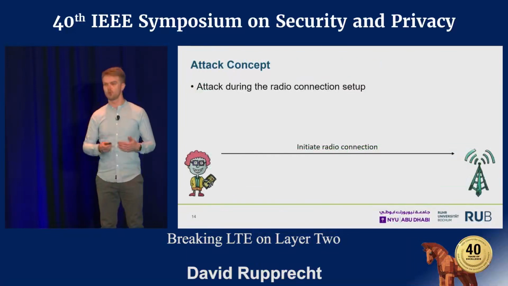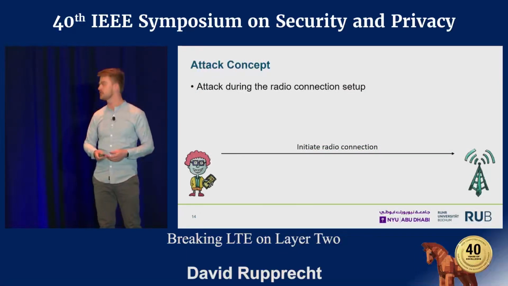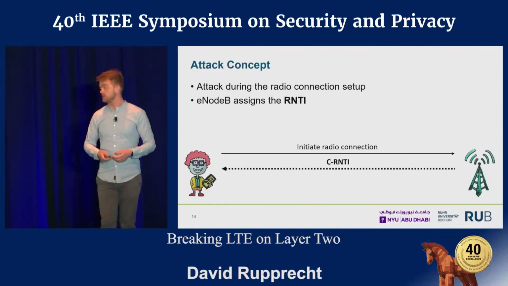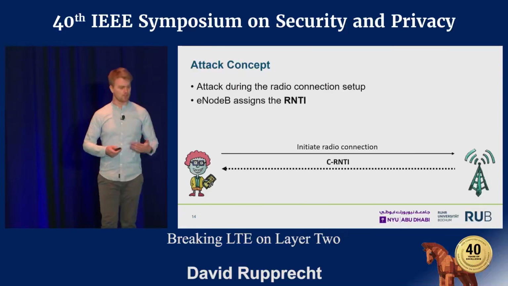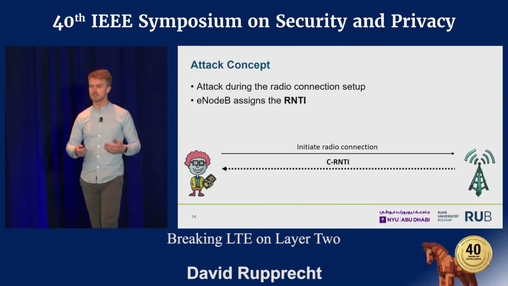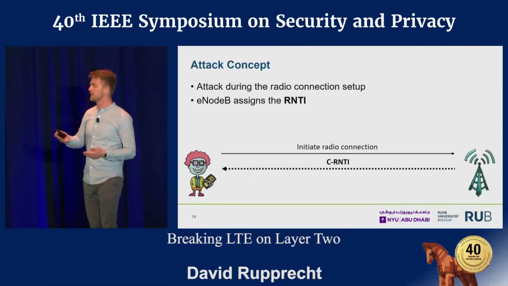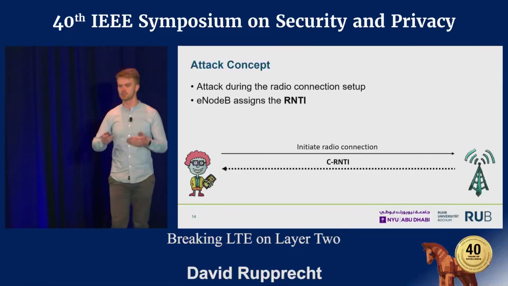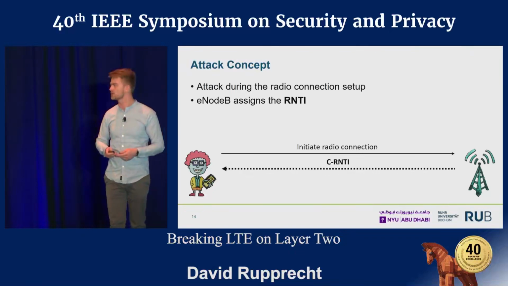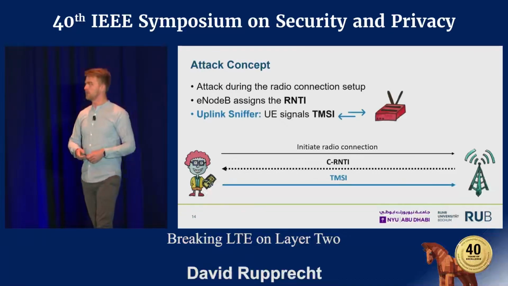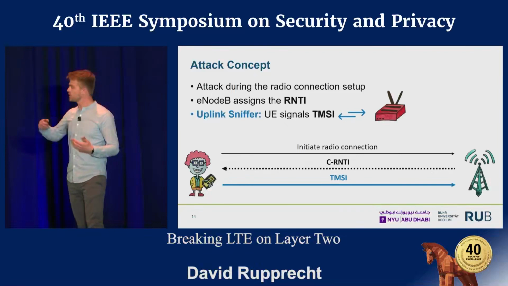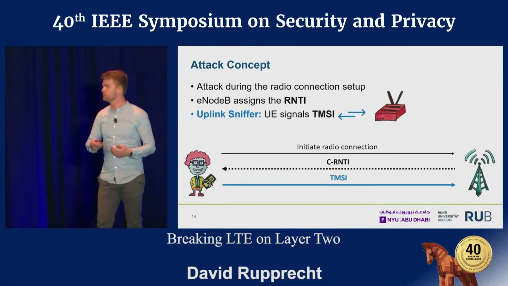When our phone wants to connect to the network, it initiates a radio connection. The eNodeB, or the base station of the network, assigns the phone an RNTI. To be precise, this is called the C-RNTI, which is used only for this radio connection. To let the network know who we actually are, we use a TMSI.